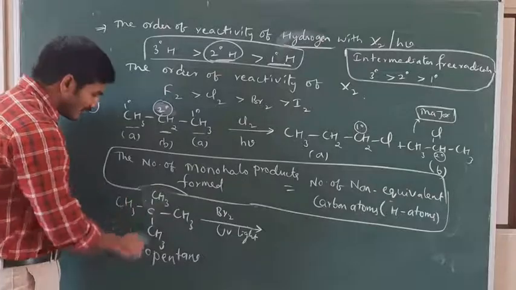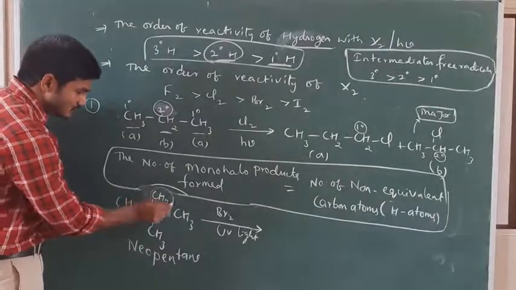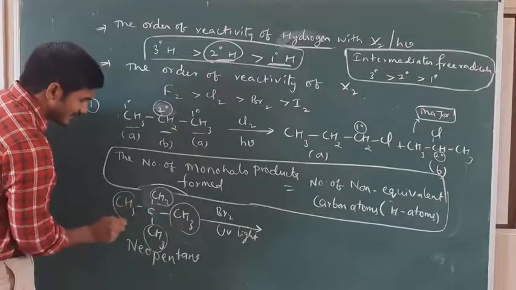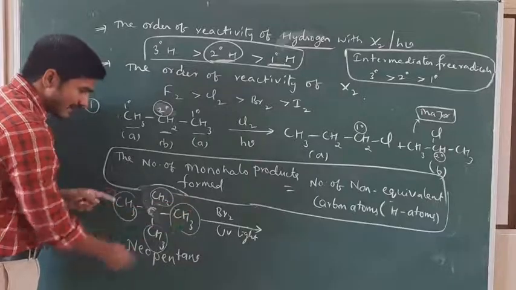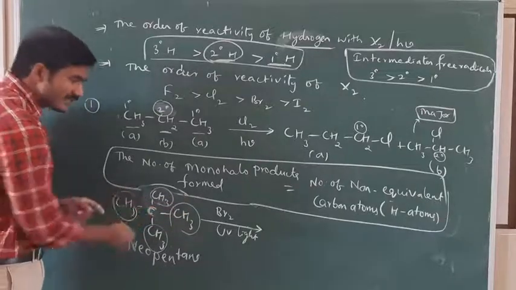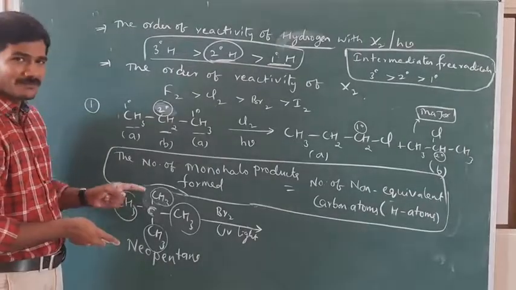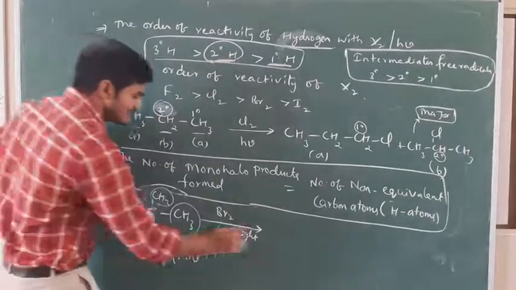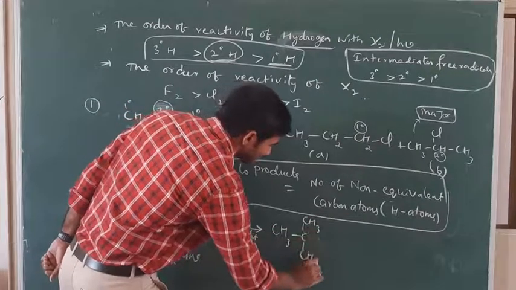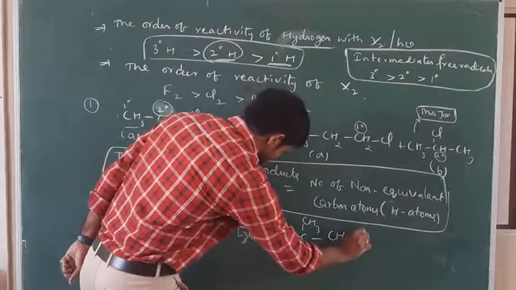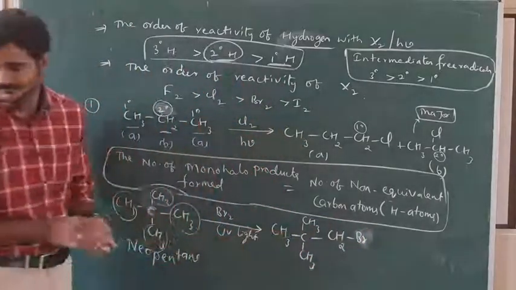How many non-equivalent hydrogen atoms can we see? All are the same, because all groups are CH3 attached to the same carbon. If all methyl groups are the same, all are equivalent. Yes or no? That's why we get only one product: CH3, C, CH3, CH3, CH2, Br. This is the product.